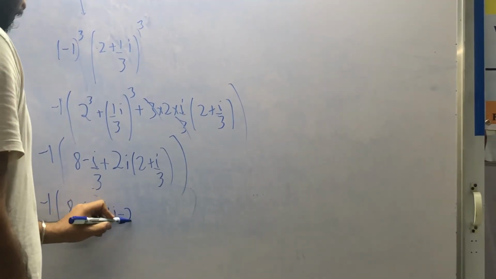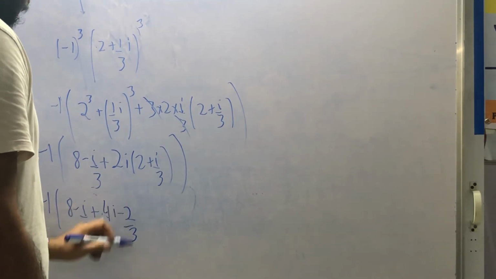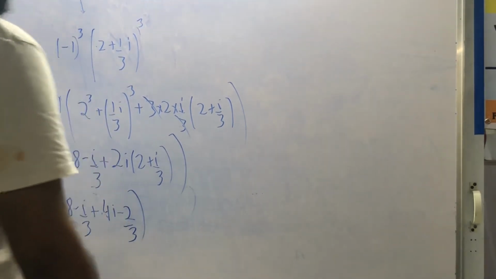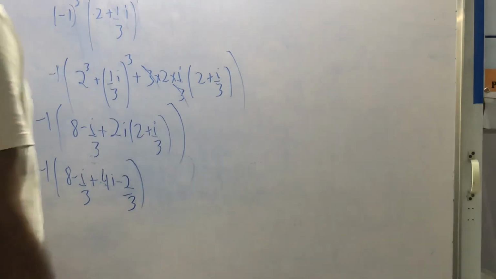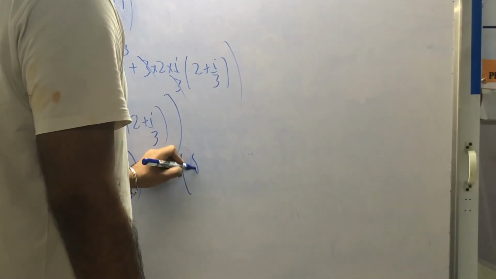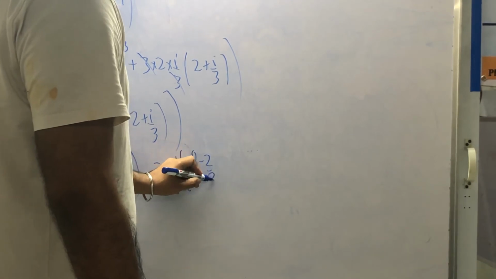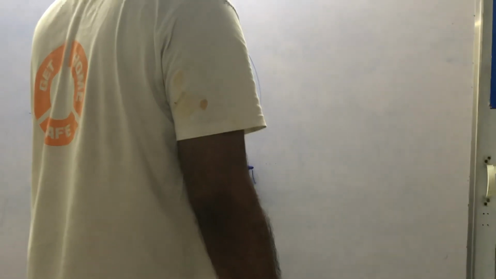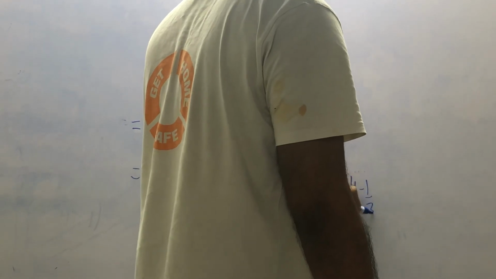Minus 2 by 3. Just separate the real and imaginary parts here. So this will be minus 1 into 8 minus 2 by 3 plus 4 iota into 4 minus 1 by 3.